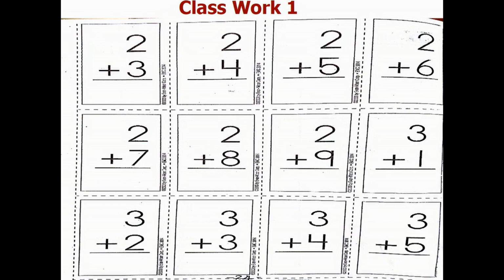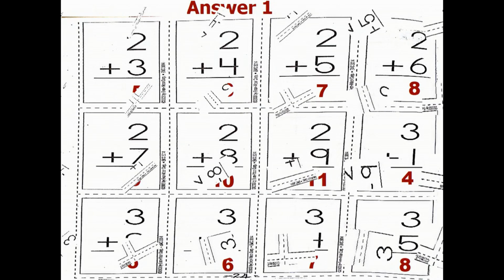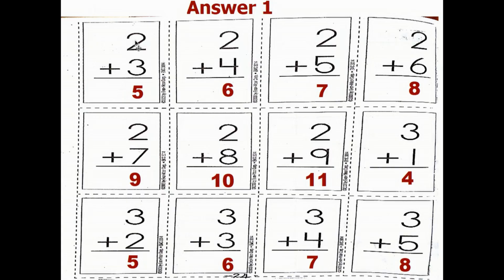Okay, have you finished? I hope you have done it. Now, the first one says 2 plus 3. Yes, 2 plus 3. You can count by holding the bigger number and counting 2. Yes, by the counting technique, it will be 5. 3 plus 2, it will be 3, 4, 5.